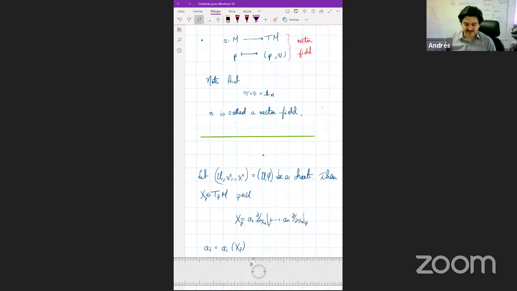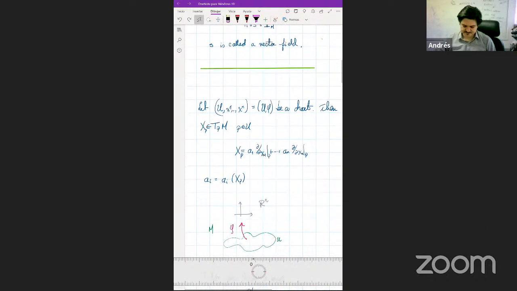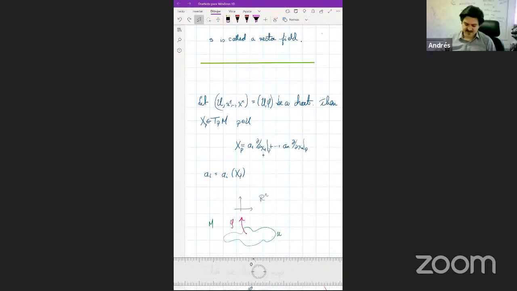Remember that if P moves in U, then the a_i are functions of the point. And they are smooth functions.